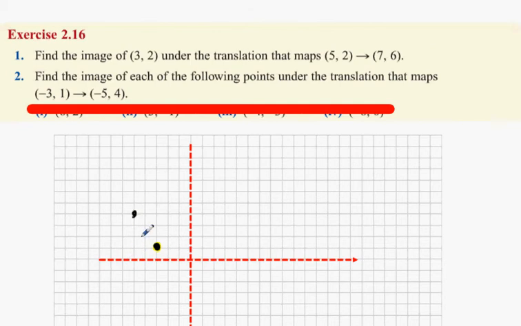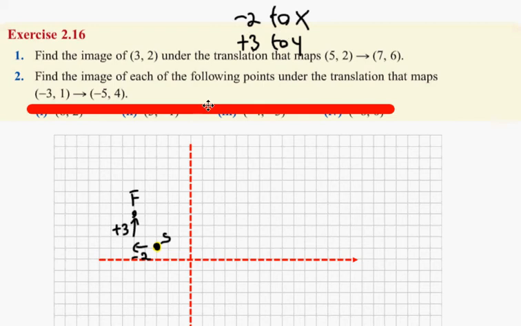Now, this is the start. This is the finish. We have to go across 2 and up 3. So technically speaking, it's -2 because you're going left 2 and a positive 3. So the rule would be -2 to your x value and +3 to your y value.